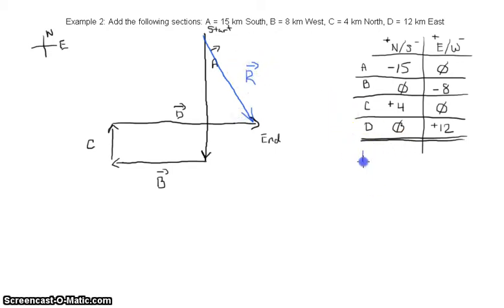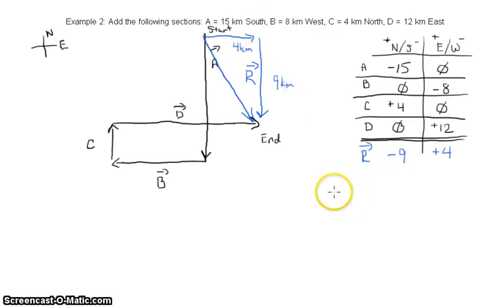Alright, now looking at the components of my resultant, if we go straight down, we take all the south, combine it with all the north, we get 9 total going south, 9 kilometers south going total, and then 4 kilometers to the east. So the 4 kilometers to the east would look something like this, and the 9 kilometers south would look something like this. 9 and 4, km, km.